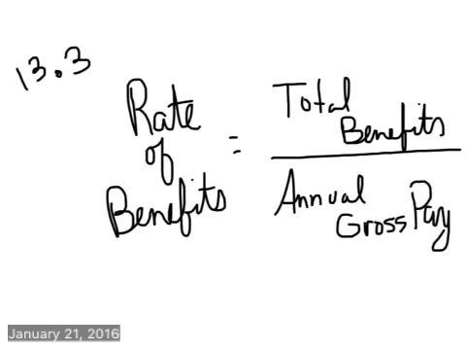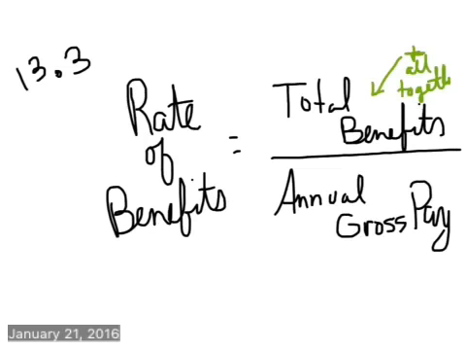The total benefits is where you add everything together, if I know a dollar amount for everything. Then you divide it by how much you make for the year, and that will give you a number. When you get that number, as in the last couple of sections, we move the decimal over 2 spots to the right this time, not to the left.